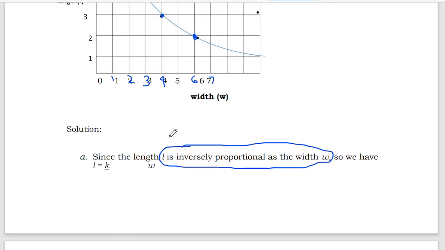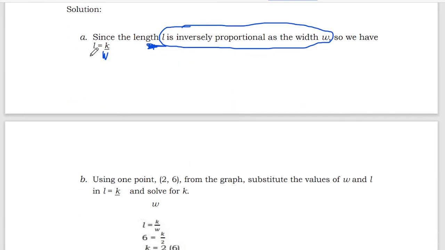This is the same as saying length varies inversely as width, or length is inversely proportional to the width W. So you can write that as length equals K over W. It should be written in this way. So this must now be the equation based on the given statement.